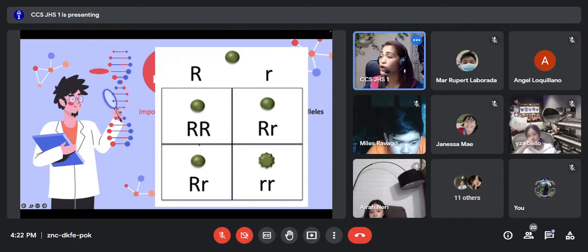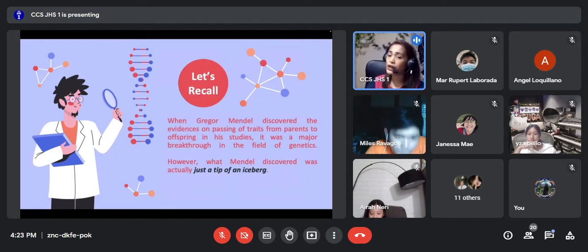Because again, your dominant allele has a complete dominance over the recessive, meaning complete superiority over the other option. However, that is not actually the case. Mendel's work was just at the starting point, or the tip of the iceberg, in discovering other patterns of inheritance.